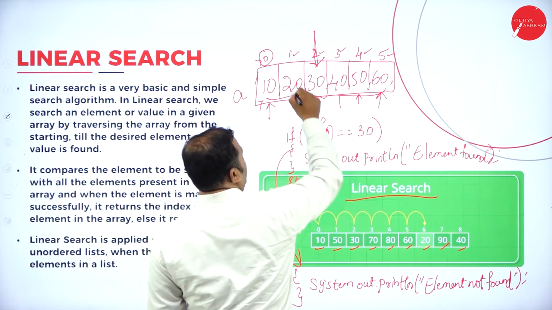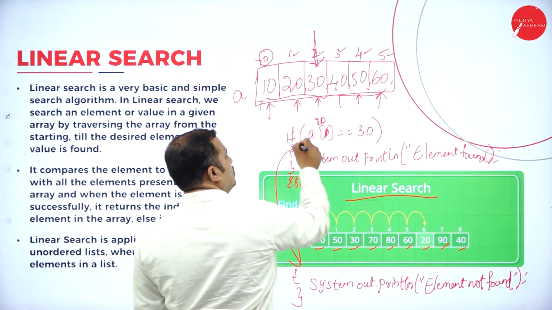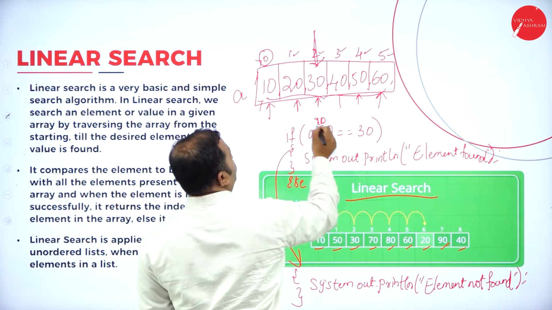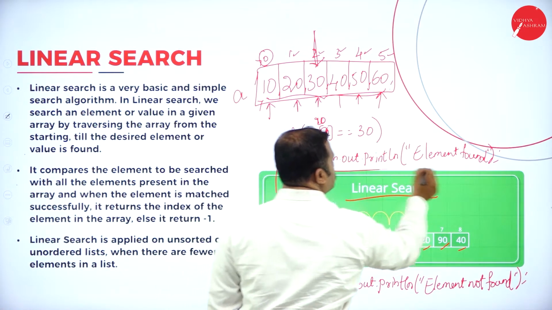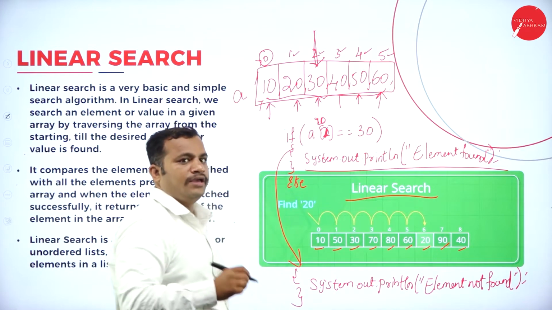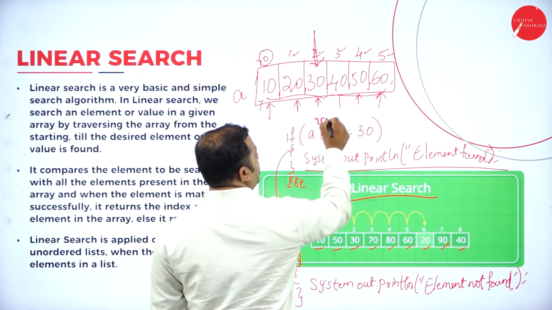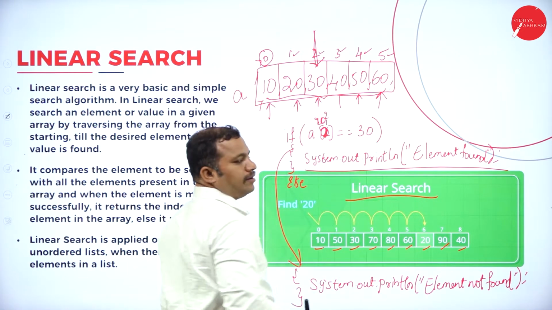What is A of 1? 20 is equal to 30? No, again that is not possible. Again, I have to increment it by 1. What has to be the value of A of 2? That is, A of 2 is 30. 30 is equal to 30. Then I have to display the message, element found. If that is the case, what has to be done? Initially it was 0, then it is 1, then it is 2. So it is incrementing by 1.